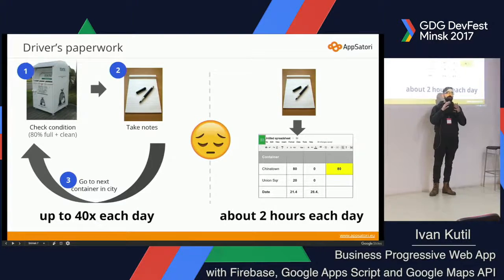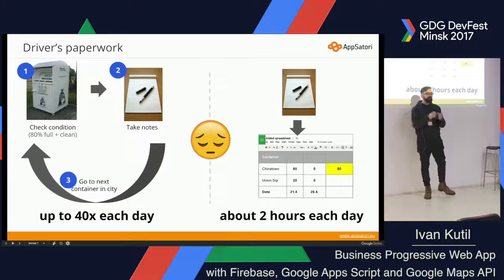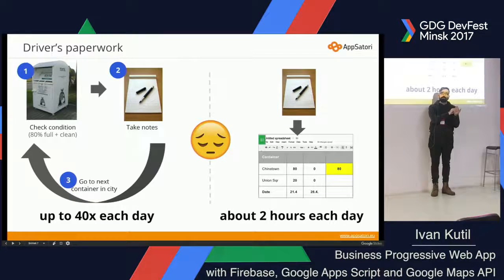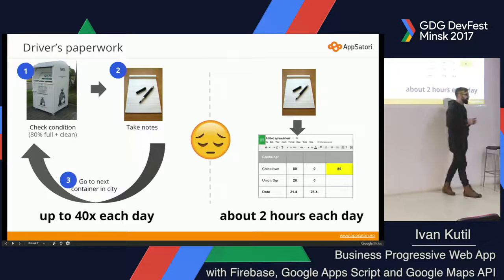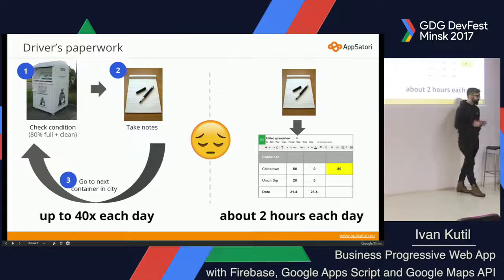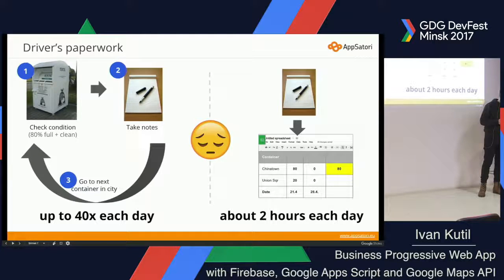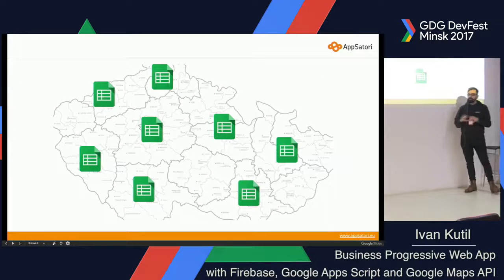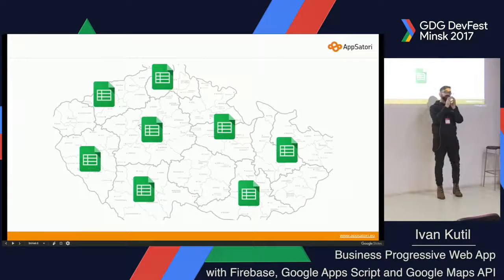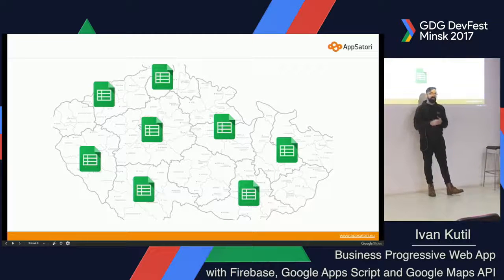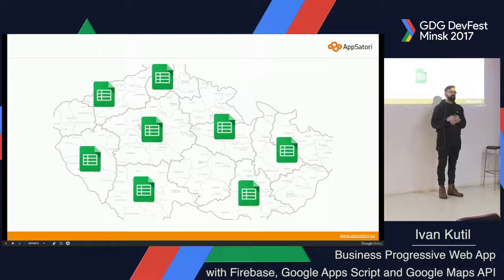And it didn't stop, because these drivers have to rewrite these numbers from the paper to the Google spreadsheet. They have to spend almost 2 hours every day rewriting numbers from the paper to some online system. And why? Because this company created a Google spreadsheet for every region for creating simple statistic visualization and some simple reports for the owner of the company.